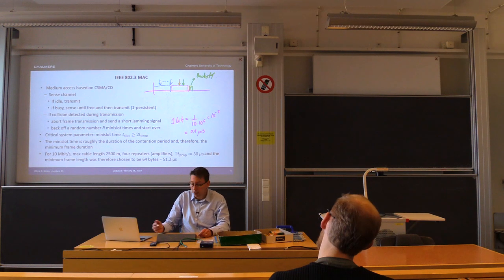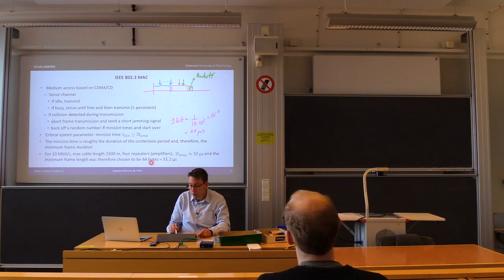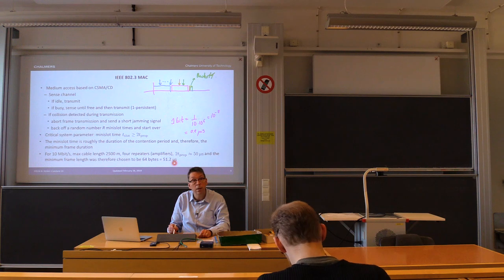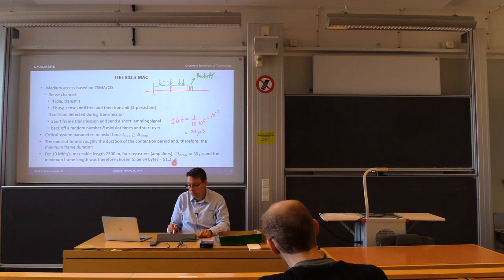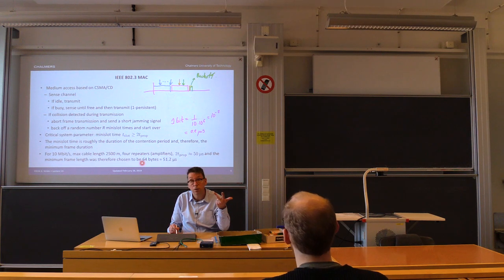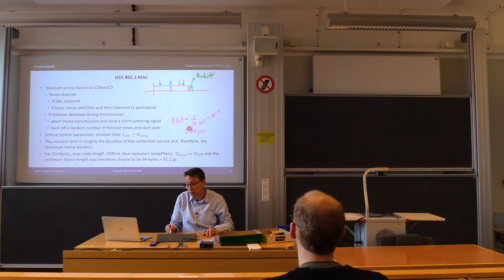So that's how you calculate the correspondence between bytes and seconds, right? Okay, 64 bytes is 64 times 8. So what is that? 128, 256, 512 bits. Okay, 512 times 0.1 microseconds, 51.2 microseconds.